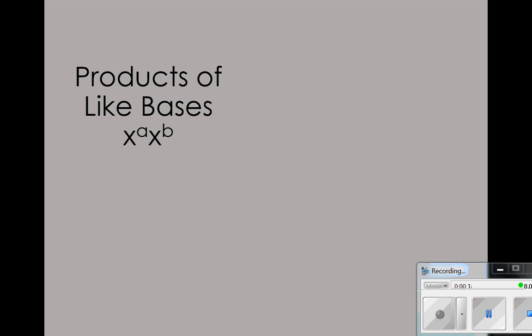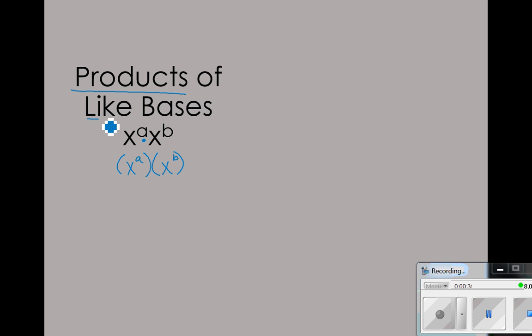So for products of like bases, it is a multiplication problem, which means it's going to look like that with a multiplication symbol, or it could also have parentheses. Either way, it is a multiplication problem because a product is the answer to a multiplication problem.